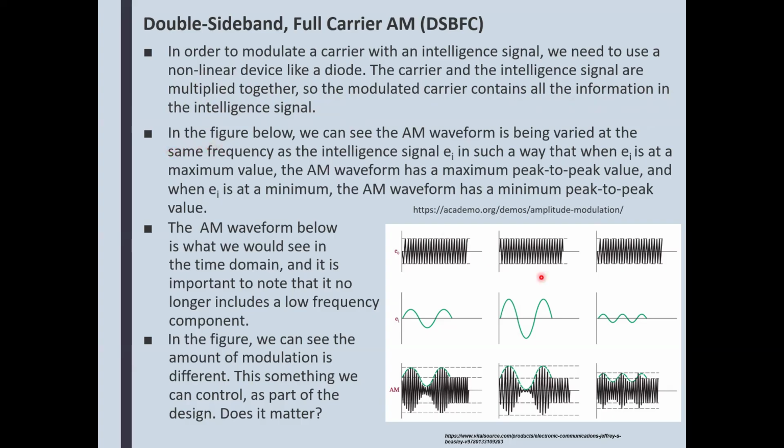In the figure below, here's the figure, we can see the AM waveform is being varied at the same frequency as the intelligence signal. Here is the carrier. You see, the carrier, with constant frequency and constant amplitude, is being introduced into the mixing stage.